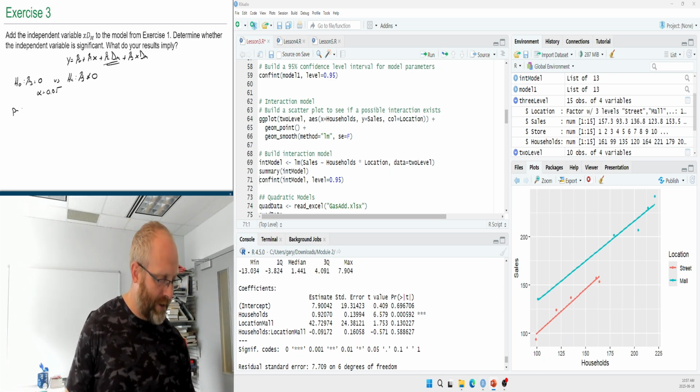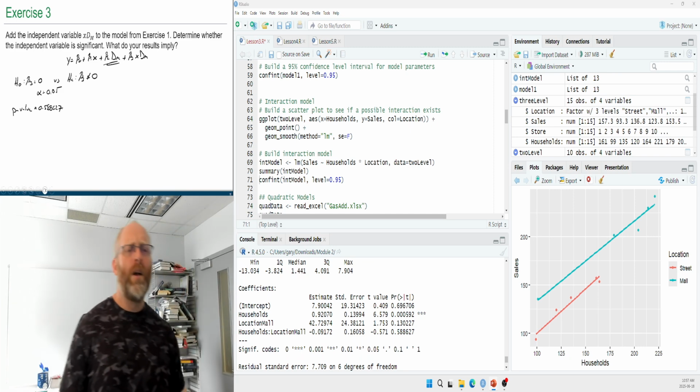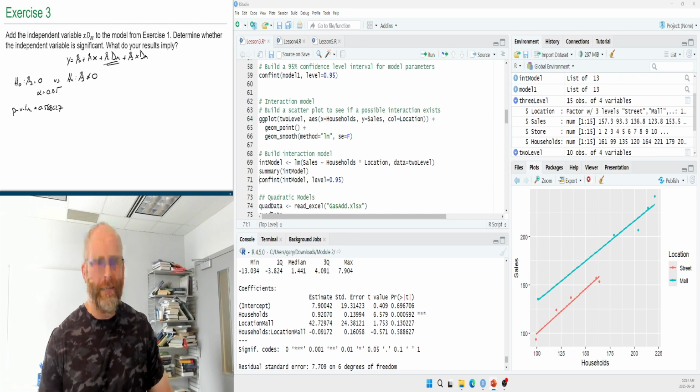So my p-value is equal to, in this case, 0.58 0.8627. So what is this telling us?